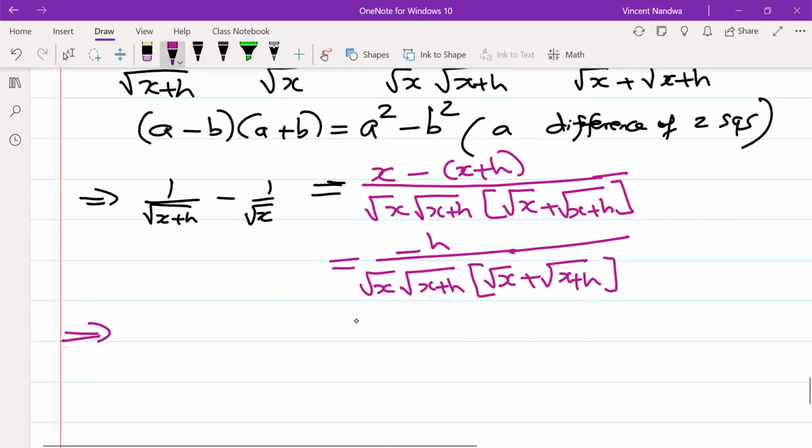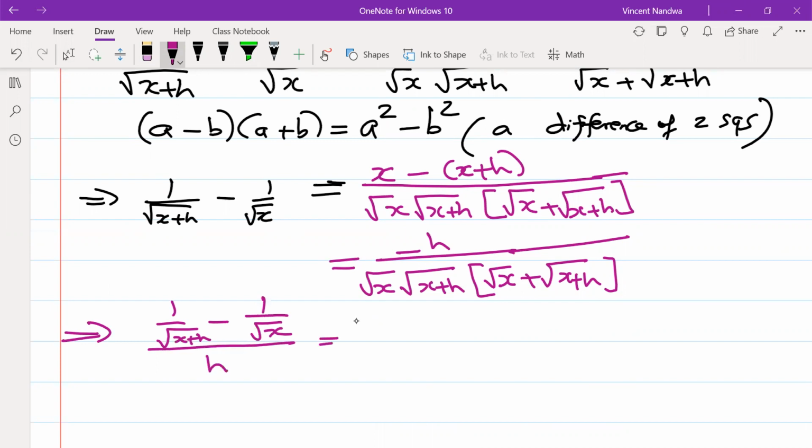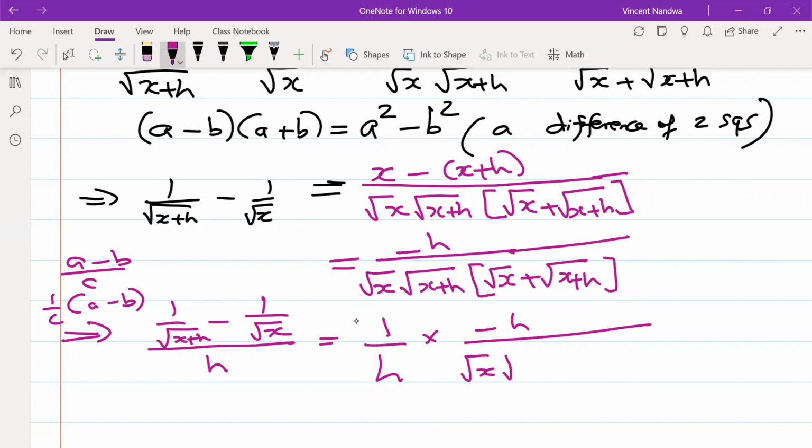So it means that 1 over root x plus h minus 1 over root x, divided by h, will be given by 1 over h times this value here. Remember, when you say a minus b over c, it's like 1 over c times a minus b. So negative h over root x times root x plus h into root x plus root of x plus h.